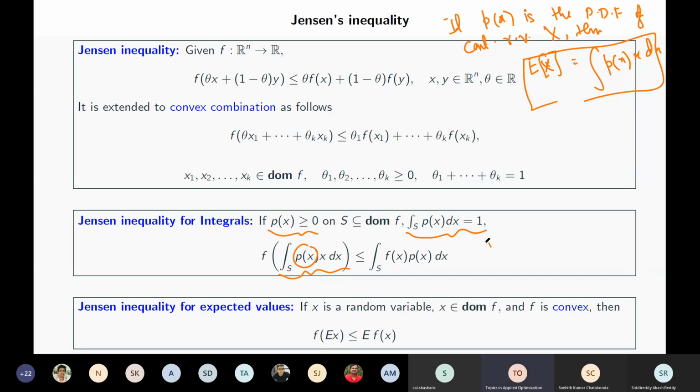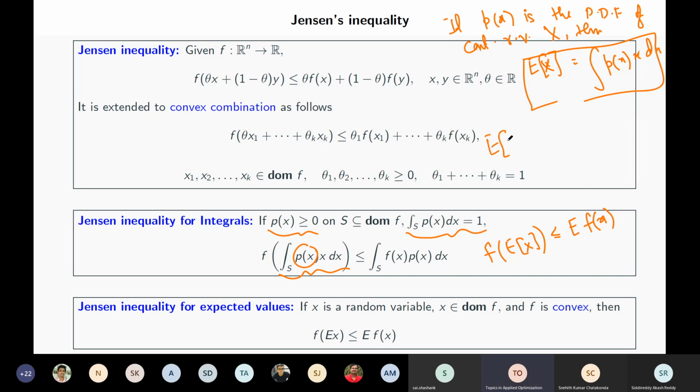So I could have written this also as f of E[x] is less than or equal to the expectation of f(x).